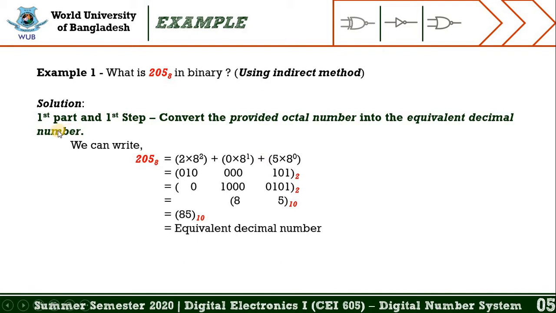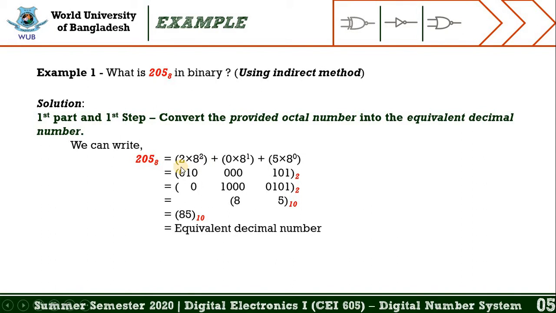In this method we are using two parts. First part and first step: convert the provided octal number into the equivalent decimal number. So let's start with 205 base 8.